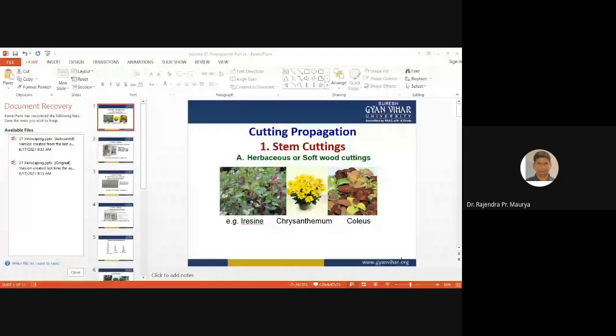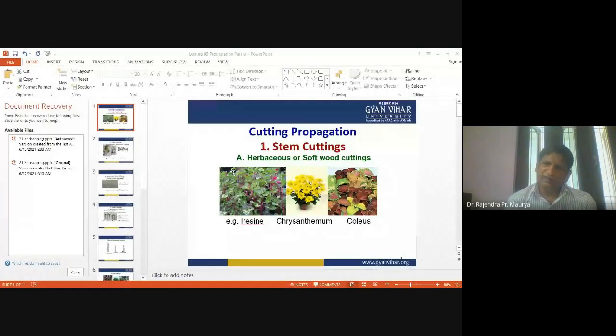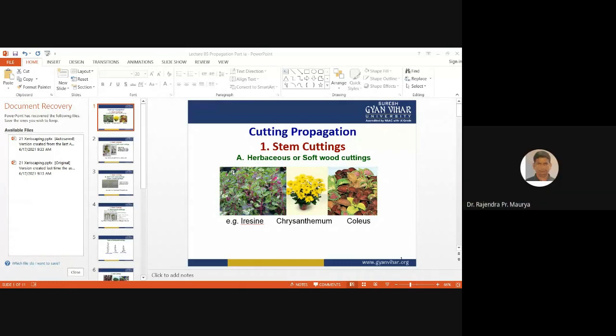Similarly to alternate leaf plants, these opposite leaf plants also develop the shoot as well as root systems after 3 to 4 weeks. And when this root system develops well, we can transplant at a suitable or permanent place.